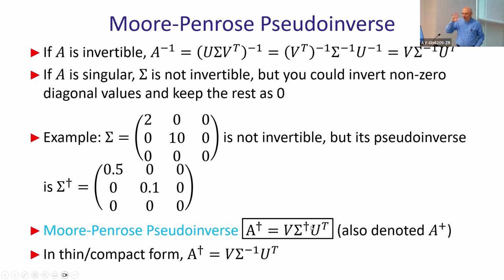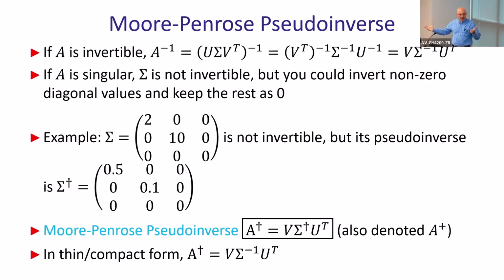All right, so this is the overall idea of where we are going. And if we are already in thin or compact form, and I said that these are practically equivalent, then in the singular value decomposition of the matrix A, if you remember, you have a square matrix sigma with non-zero values, because we already removed all of the columns which in the multiplication would just disappear.